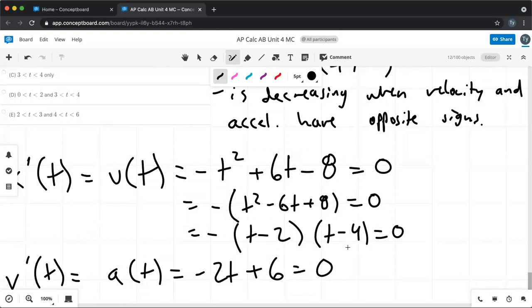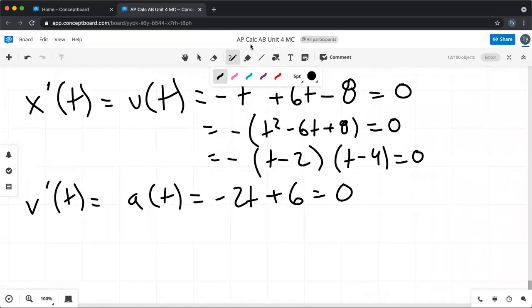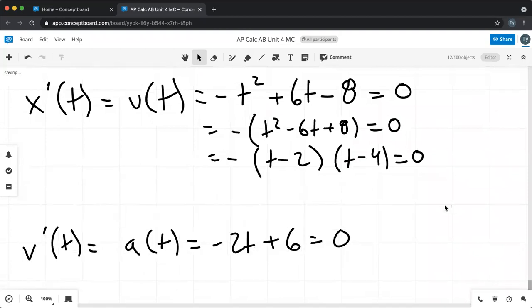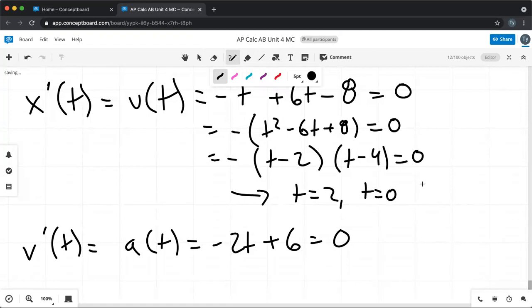So this means that t is equal to 2 and t is equal to 4 when our velocity is 0. So t equals 2 and t equals 4 have v of t equals 0.